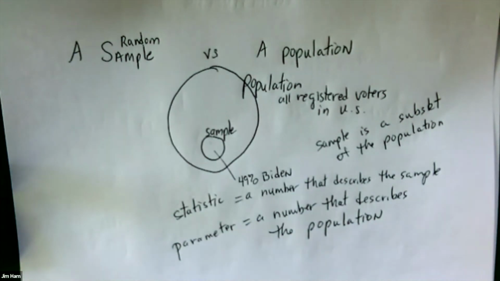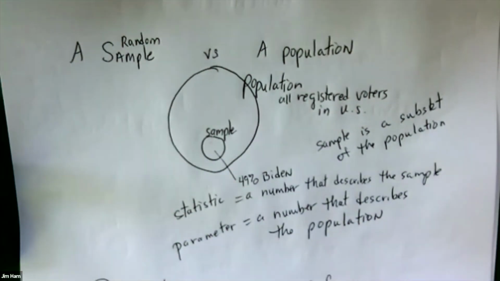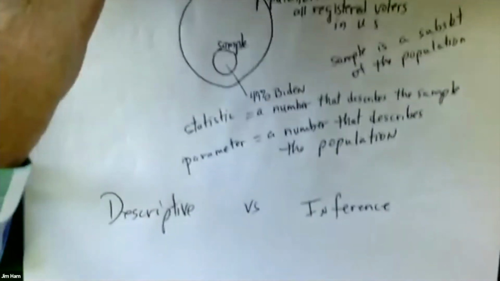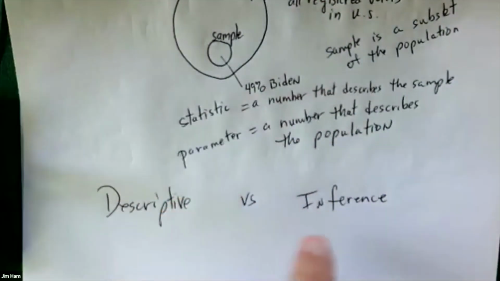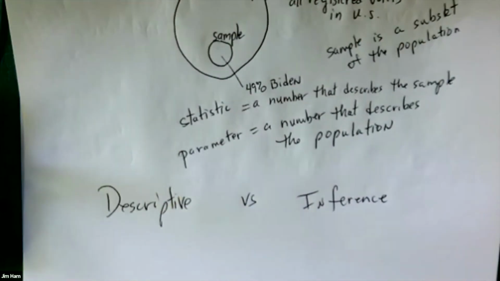This process of inferring the results of a sample to a larger population is known as statistical inference.